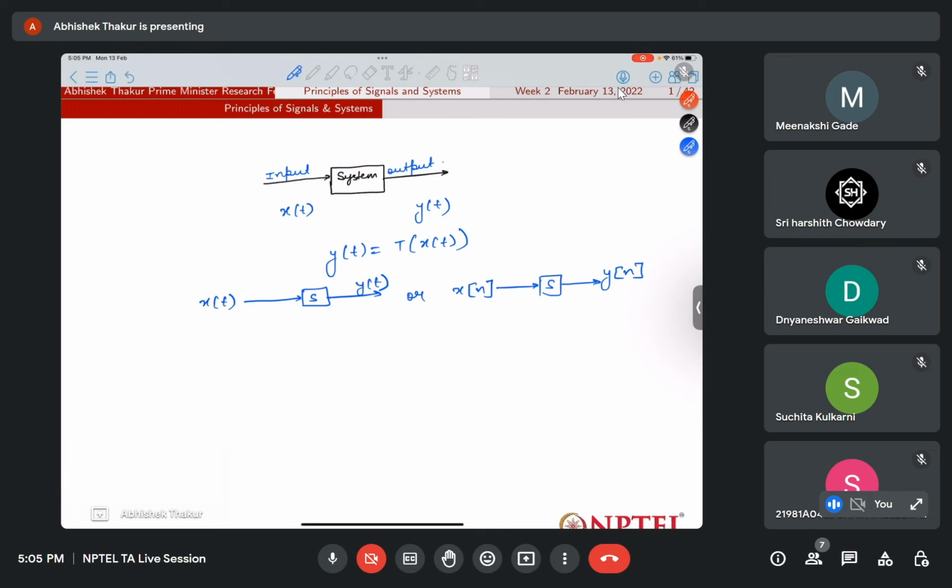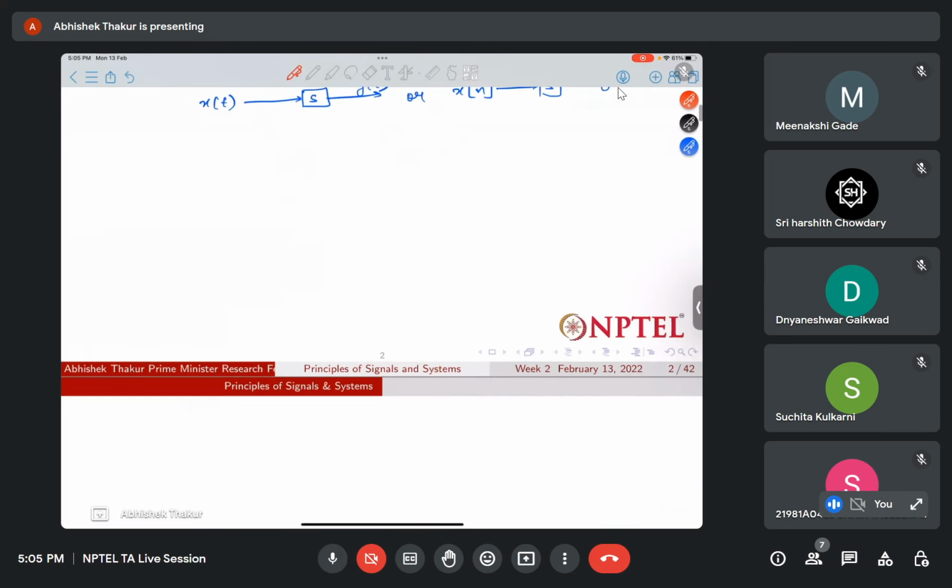So today we will see different types of systems, like linear system, non-linear system, and then time variant, time invariant, causal, non-causal, static, and dynamic systems. There are different kinds of systems, and we'll see each one of them today.